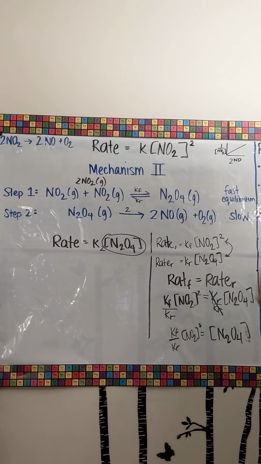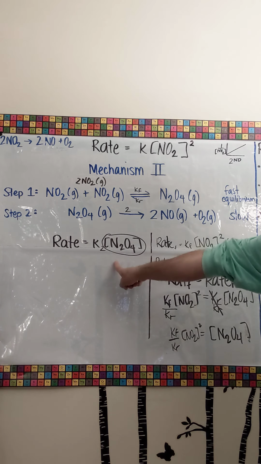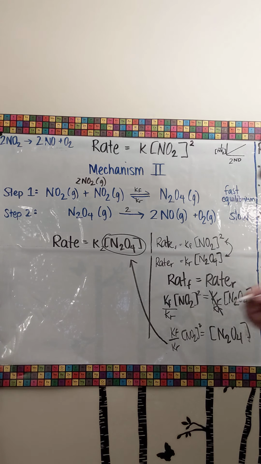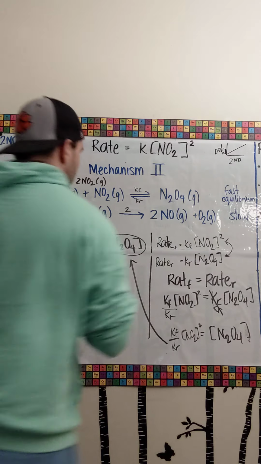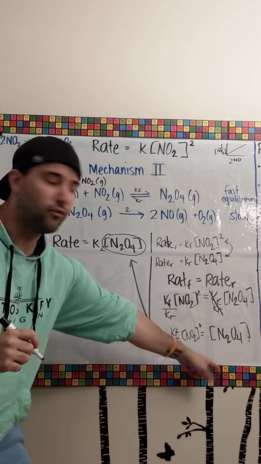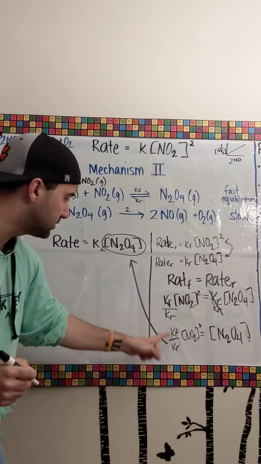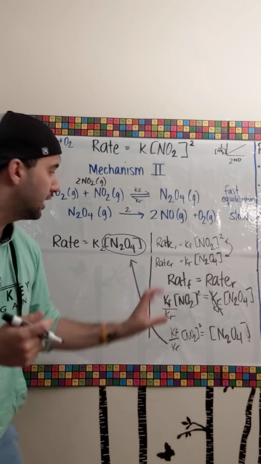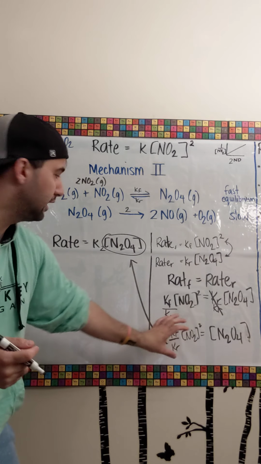Now, just like I said a couple times, this is like algebra. All I have to do is plug this expression into here. So now I know that the concentration of N2O4 is equal to Kf over Kr NO2 squared, because I had rearranged and solved for it over here.